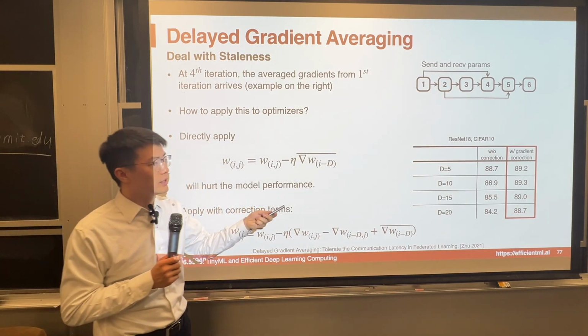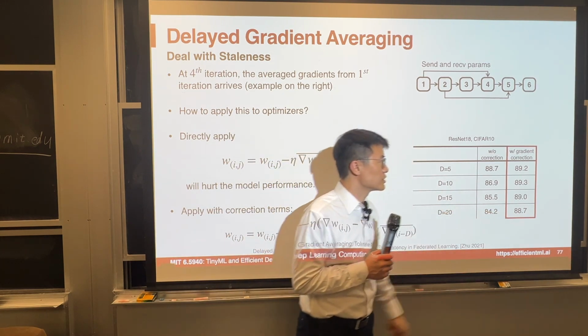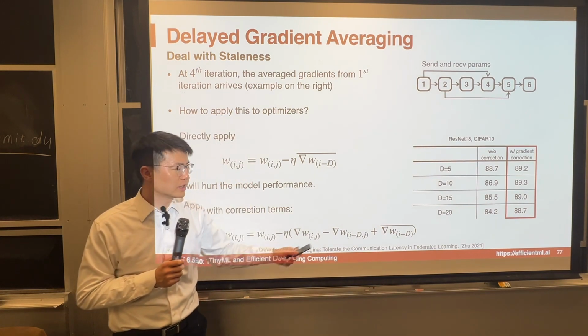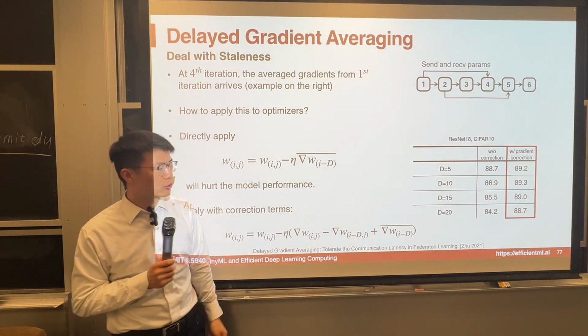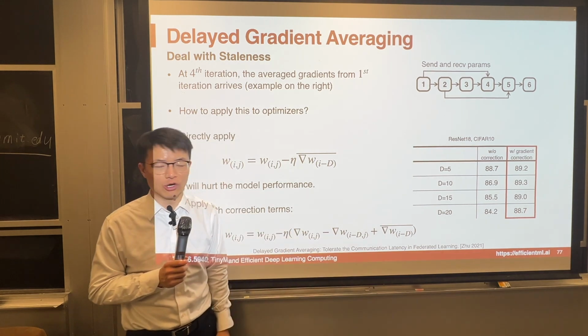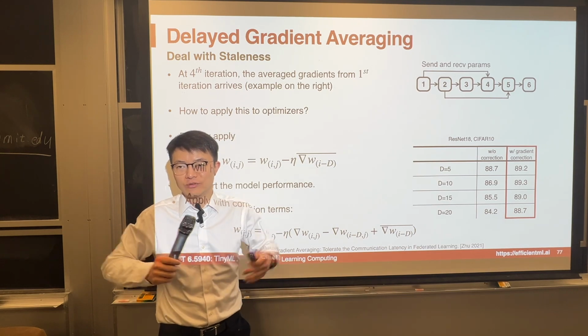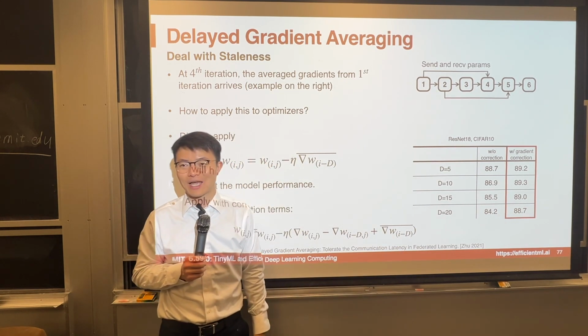So this is showing the ResNet 18 with the correction versus without the gradient correction, which is basically this term. You kick out your own gradient that was D steps ago, and also you want to take in the average gradient you received from other workers that was sent D steps ago.